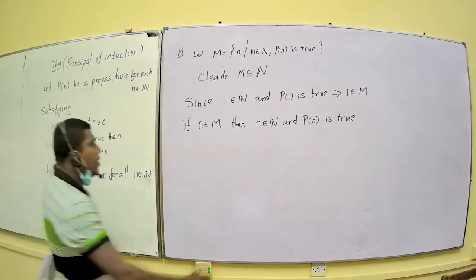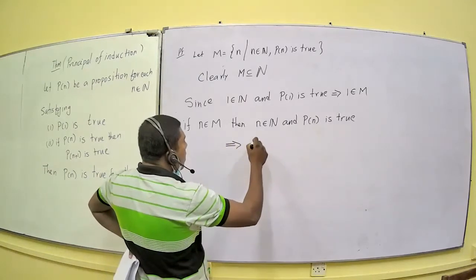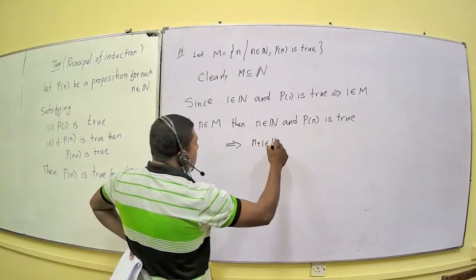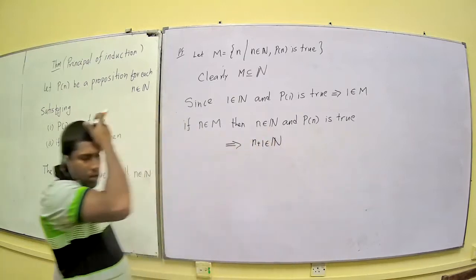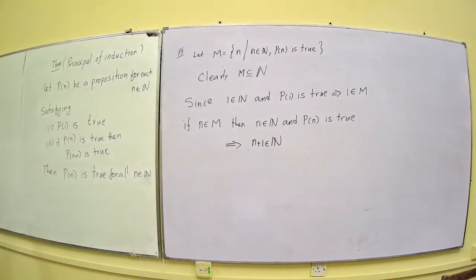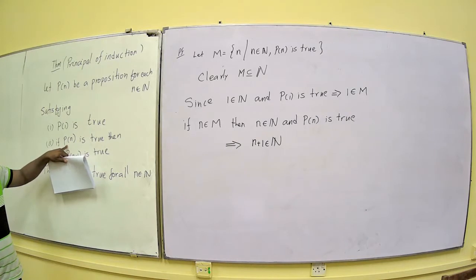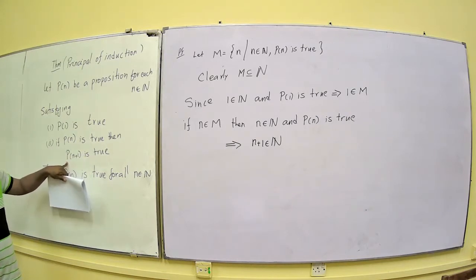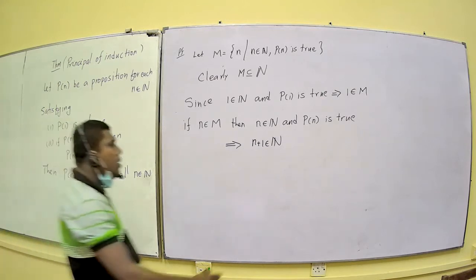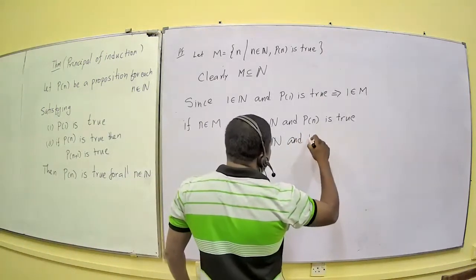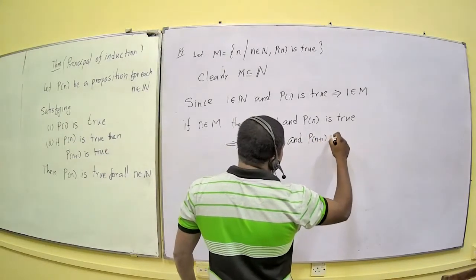So this gives me n plus 1 belongs to the natural numbers, because n belongs to the natural numbers. And here the hypothesis of this theorem tells me that if Pn is true, then Pn plus 1 is true. So Pn plus 1 is true.